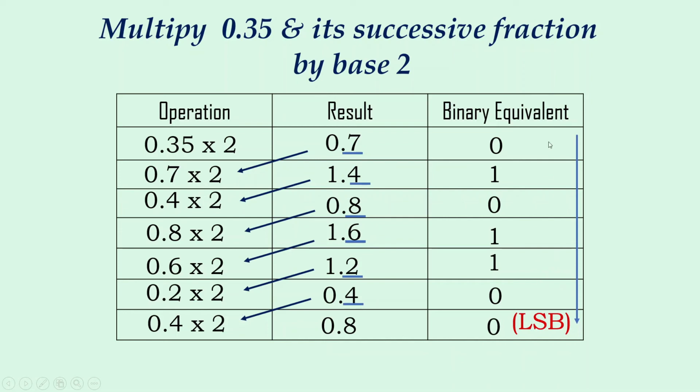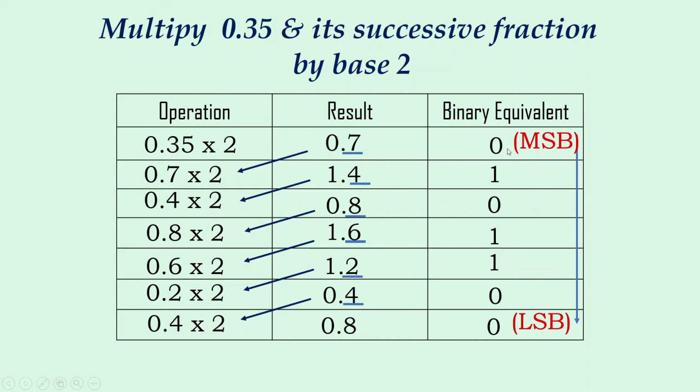Here the uppermost is the MSB and the lowermost is the least significant bit. It goes from up to down. So the most significant, that is my leftmost bit, is 0 and the rightmost bit is 0. While performing division, we were considering the lower part as MSB and the upper part as LSB, whereas in multiplication it is completely opposite.